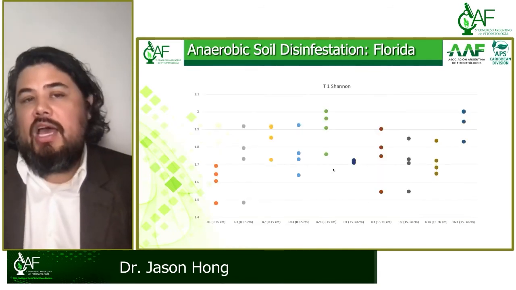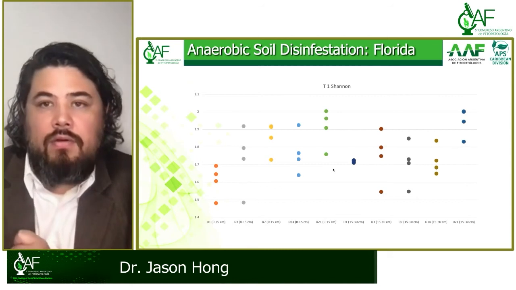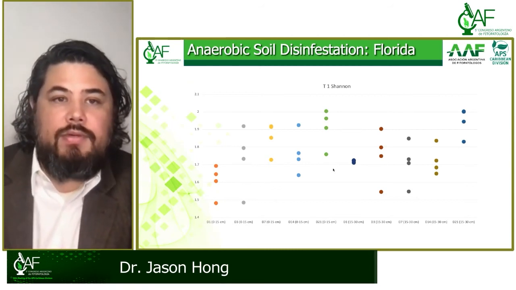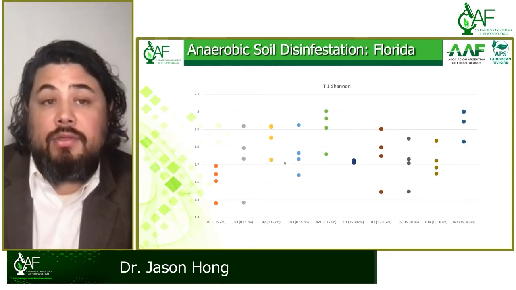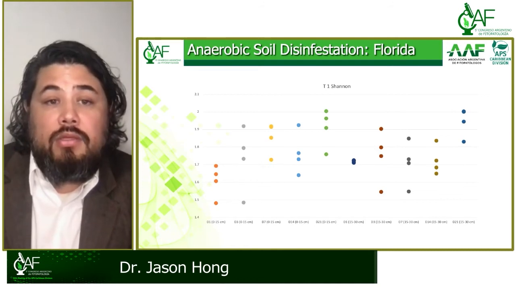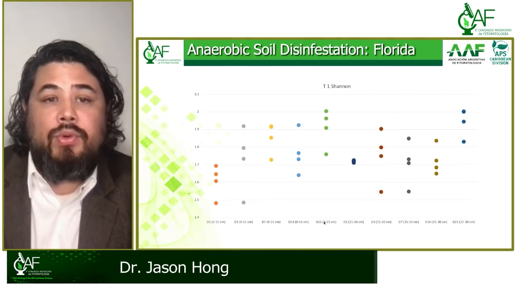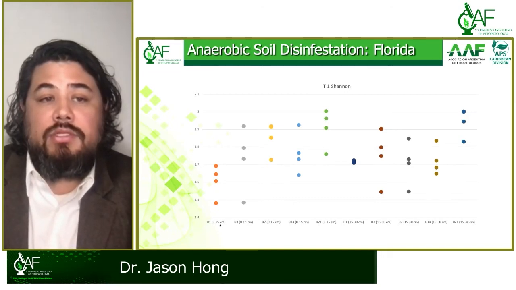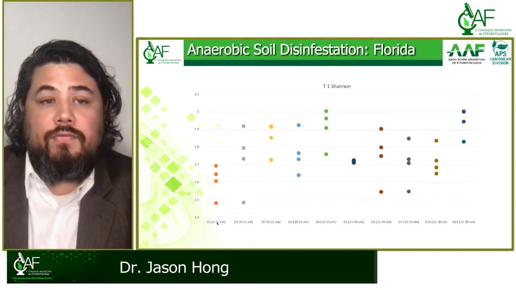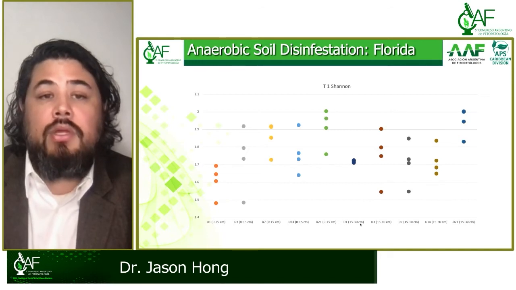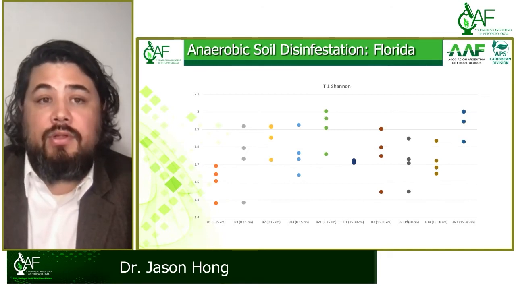So then I wanted to see how this affected the biodiversity of the bacteria found in the soil. This is a little busy, but from here to here is soil samples that were taken from 0 to 15 centimeters, so the top portion of the soil.